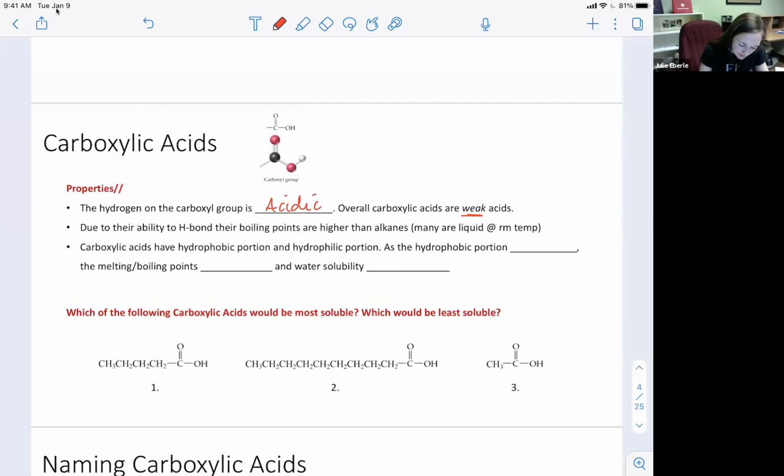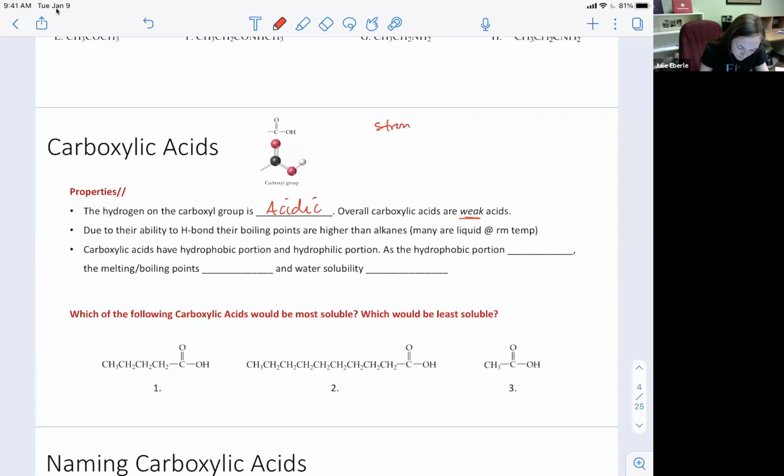So a strong acid, these completely dissociate. What that means, so like HCl, hydrochloric acid, very corrosive, very strong acid. Most people are familiar with hydrochloric acid.